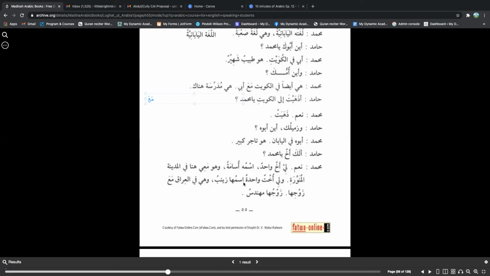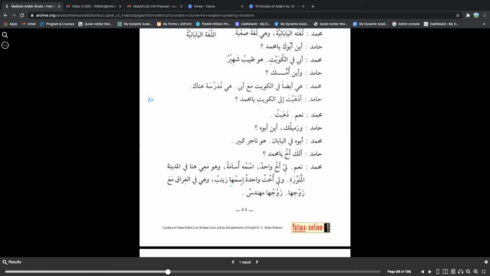If I stop here, then I say ismuha Zainabu. But if I continue, wahidatun ismuha Zainabu. Her name. So we add the ha. When you see this ha with an aleph with no hamza on top, it elongates it and refers to her.